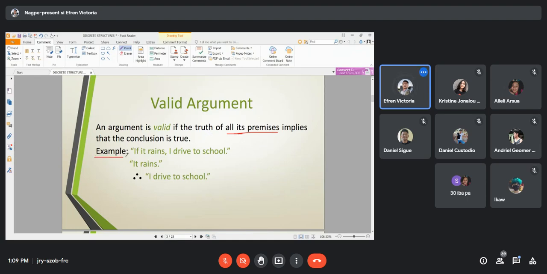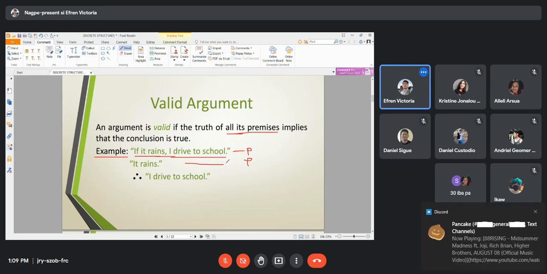So, example is, if it rains, I drive to school. So, this is premises. So, ito ay premises. Then, another premises. Then, ito yung conclusion.